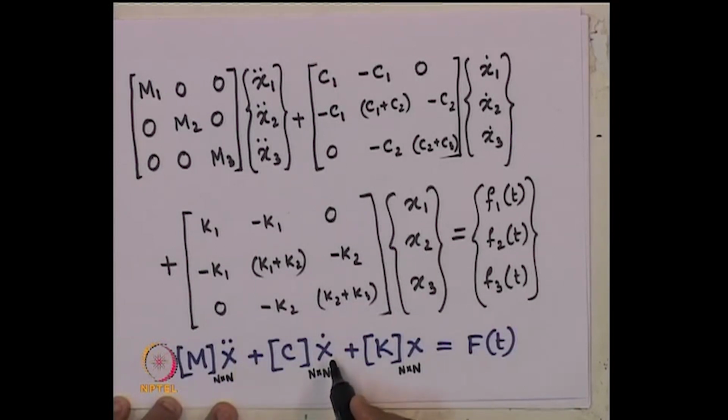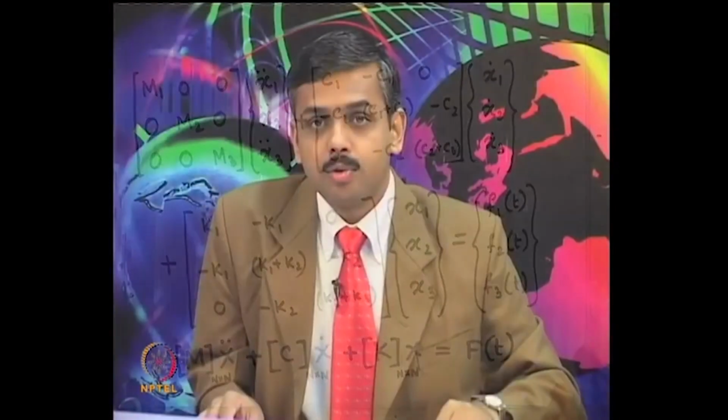The velocity vector will be a vector of n by 1 and the displacement vector will be n by 1. Similarly, the applied dynamic load vector will be of size n by 1. So, this is the general form of the governing equation of motion for a multi degree of freedom system.